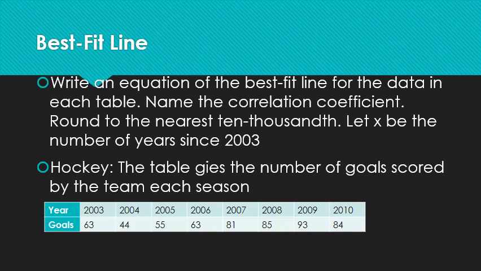We're asked to do the same thing, write an equation for the best fit line for the data in each table, name the correlation coefficient, round to the nearest 10,000th, let x be the number of years since 2003, and again, that's important as to how we're going to input our data into our list. Rather than 2003, I'm going to use 0 because 2004 is 1 year since 2003, and on forward till we get out here to year 7.